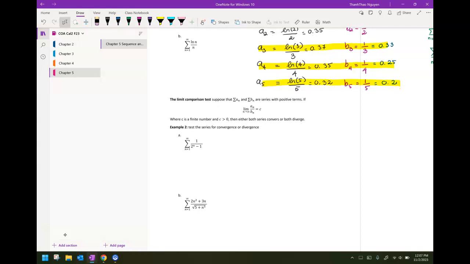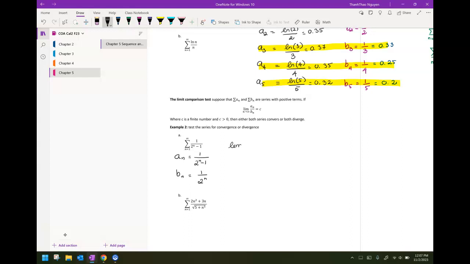Okay. Here we let a sub n be 1 over 2 to the n minus 1 and b sub n equal 1 over 2 to the n. So let's apply our limit comparison test.